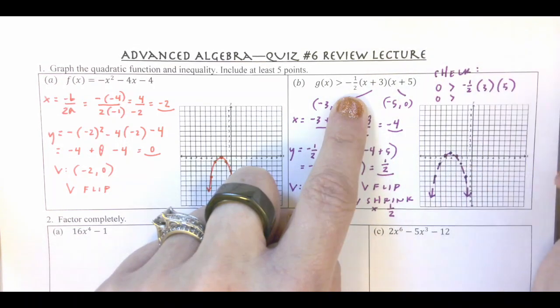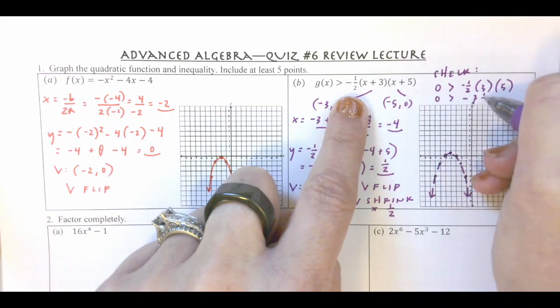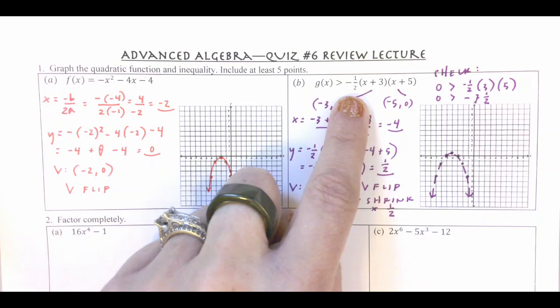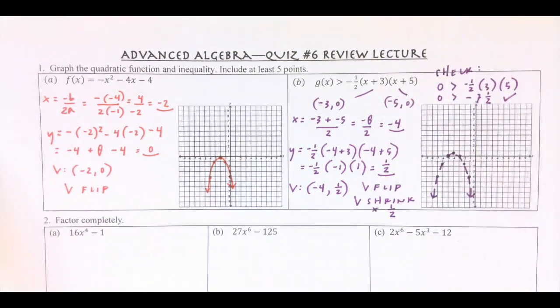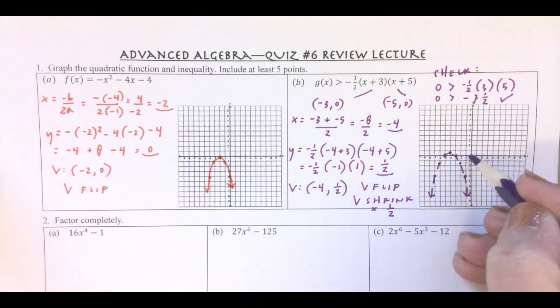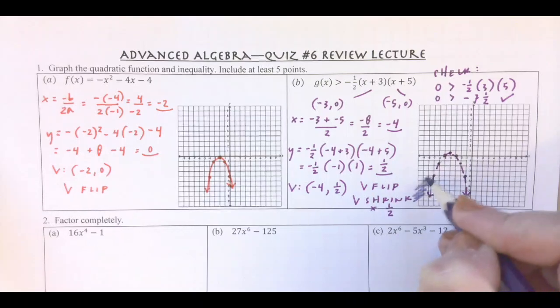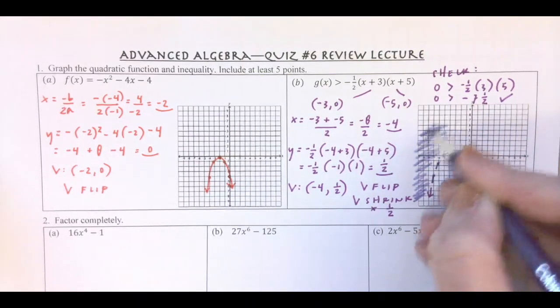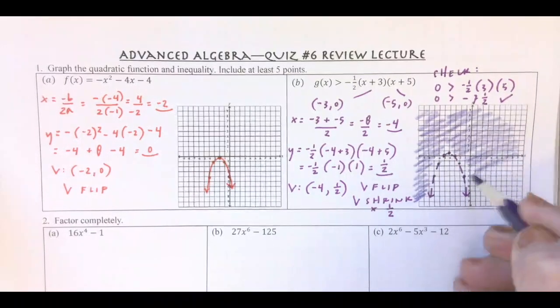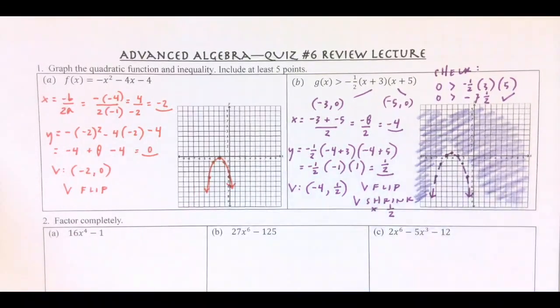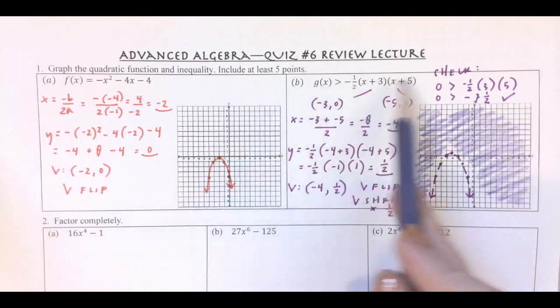Is 0 greater than negative 15 halves or negative 7.5, right? Well, yes, absolutely, that's true. So that just verifies that the origin right here is in my solution region. So I'm just shading this whole region. Any point that falls in this shaded region is part of my solution. It would make this statement right here true.